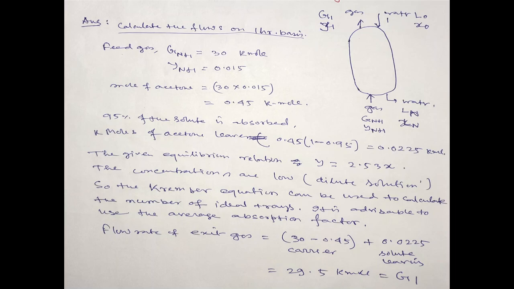In case of dilute solution, if you make the calculation in terms of mole fraction, and then again do the calculation in terms of mole ratio, you will see that there won't be much difference.